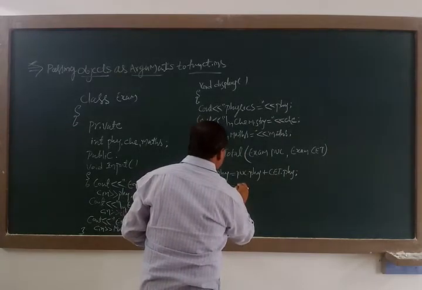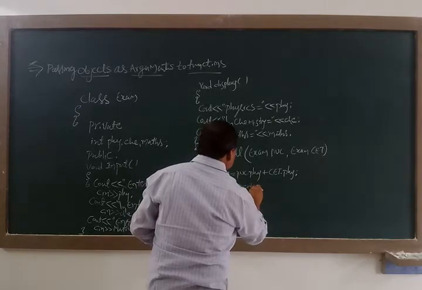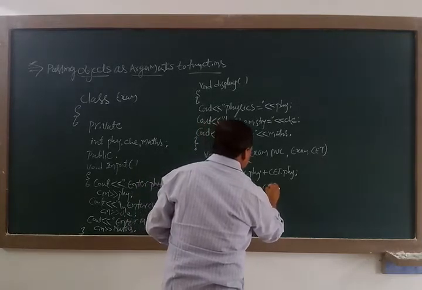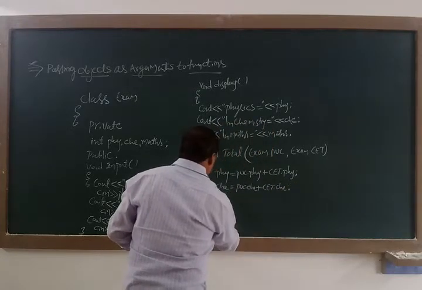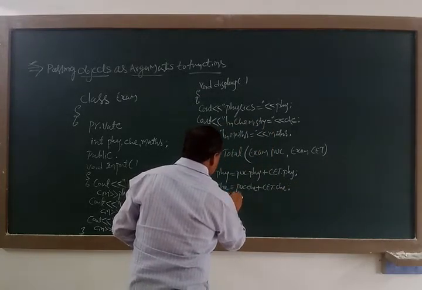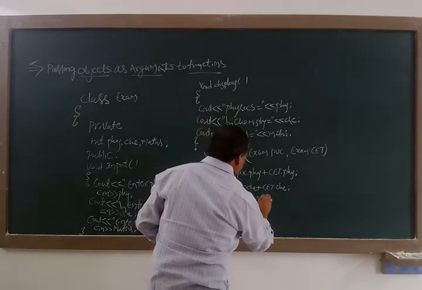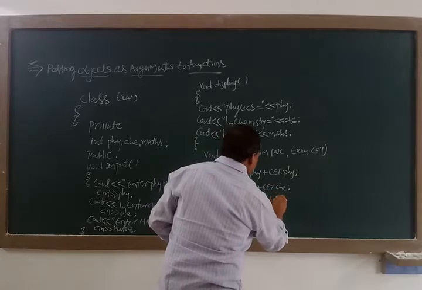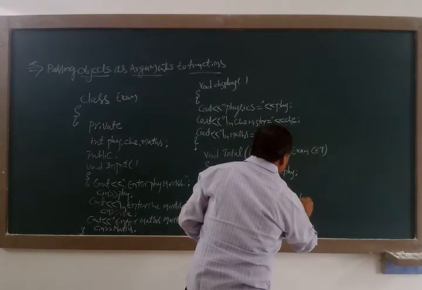Chemistry is equal to PUC dot chemistry plus CET dot chemistry. Maths is equal to PUC dot maths plus CET dot maths.